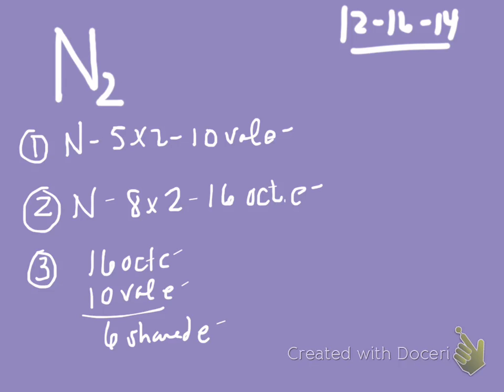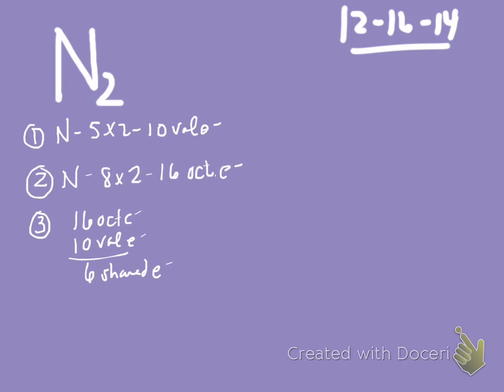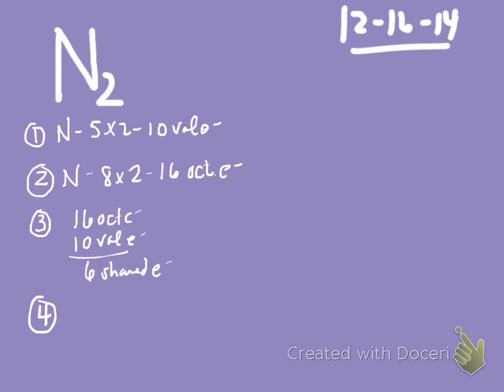Okay, I'll shrink this. Now, step 4. How many bonds are we talking about here? 3. Because a bond is 2 electrons, so divide by 2, that gives us 3 bonds.